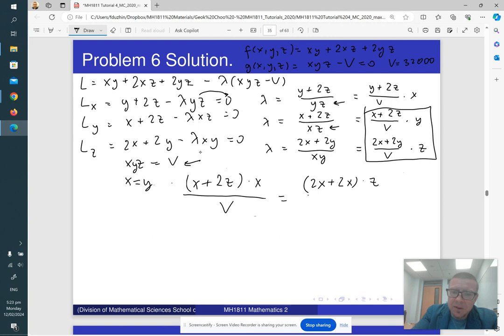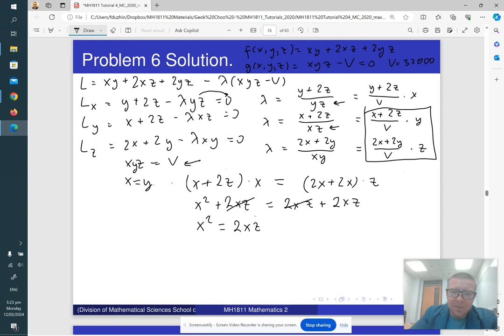Now I can delete division by v. All right, so what do I have here? x squared plus 2xz equals 2xz plus 2xz. So again, 2xz cancels out. So the remaining part is just x squared equals 2xz.